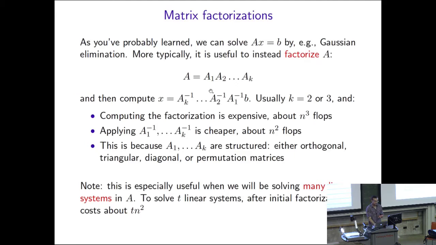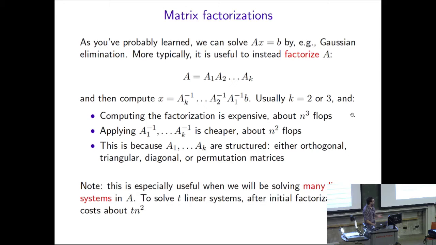To say it once more, the purpose of the matrix factorization is to express the matrix as a product of simpler matrices, each of which is cheaper in terms of solving a linear system. After we've done so, we can use them to solve the original system of linear equations this way.